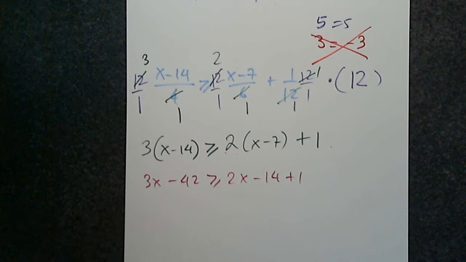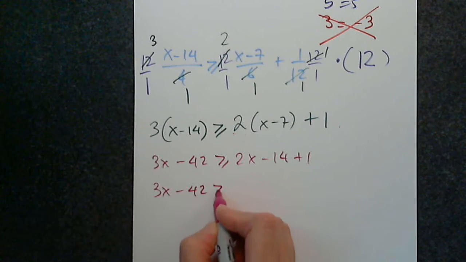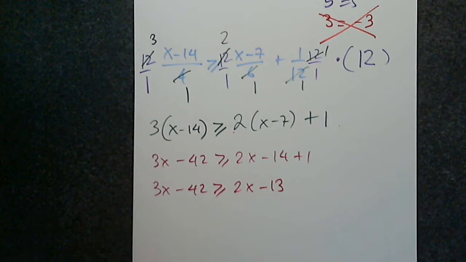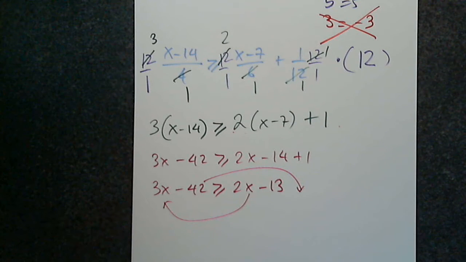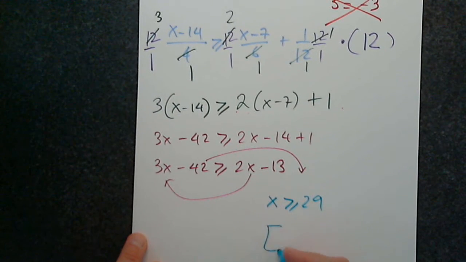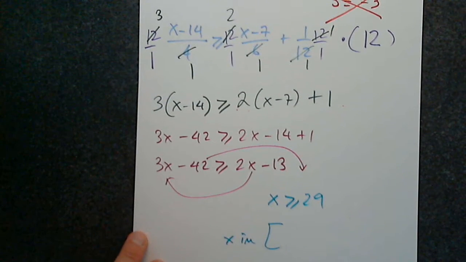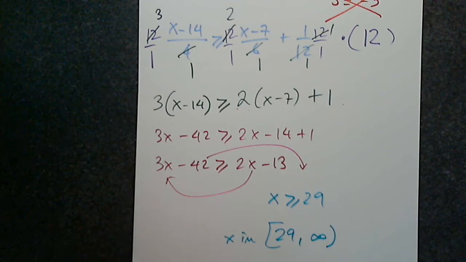I recommend combining like terms first, like 3x minus 42 greater than or equal to 2x minus 13, and then move terms around. My preference is to keep the variable on the left, but it's up to you. It's just a habit. So then I get x greater than or equal to, because 3x minus 2x is x, and positive 42 minus 13, I think it's 29. In interval notation, I like to write x is in the interval 29 comma infinity.